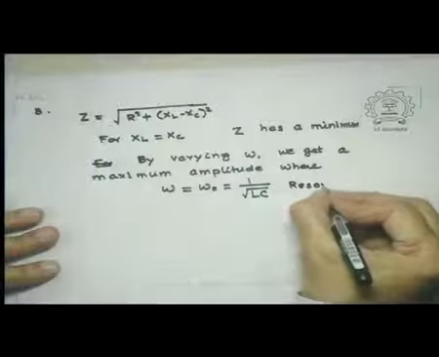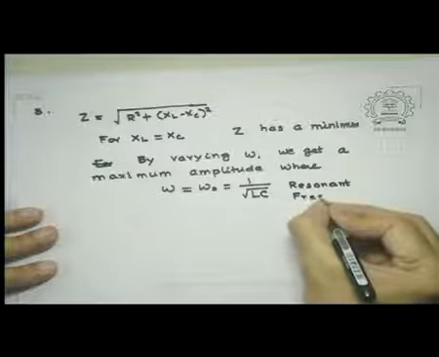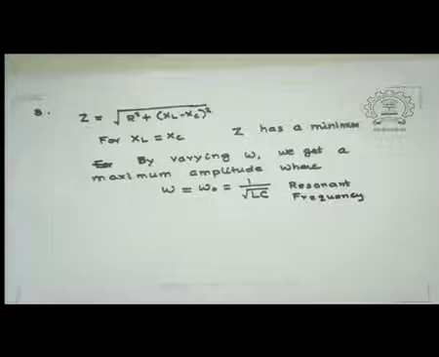This is the resonant frequency. This occurs when the voltage across the LC part of the circuit is equal to 0.